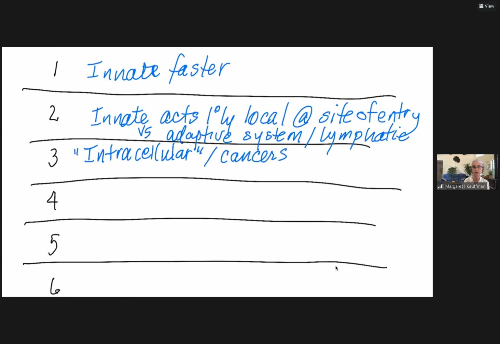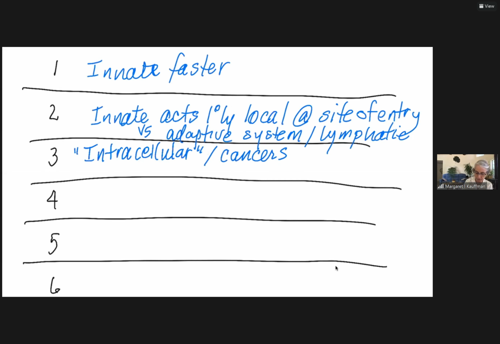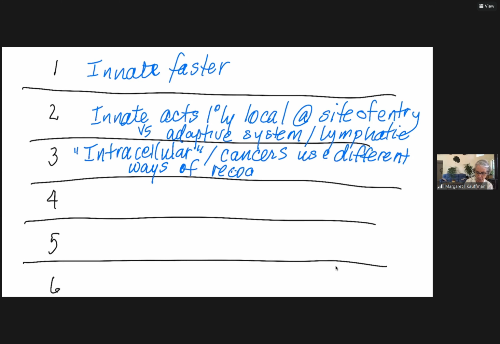Each have strategies, and you're going to see they're overlapping, but use different ways of recognizing that the cell is abnormal.